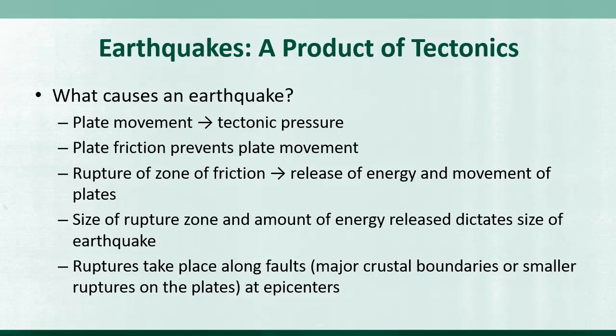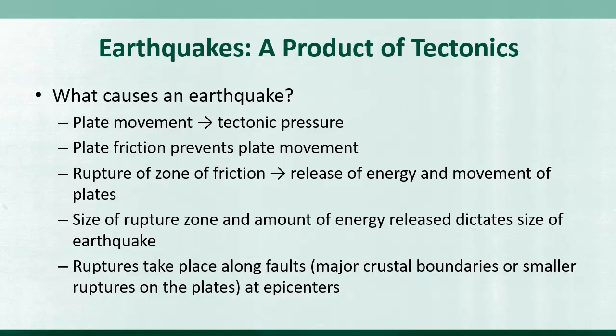Friction points found within the plate or on the edges of the plate essentially keep the plate from moving. But eventually there's so much tectonic energy causing the plate to move that zones of rupture will take place where the friction is overcome. That releases energy, causes the plates to move, and leads to an earthquake.